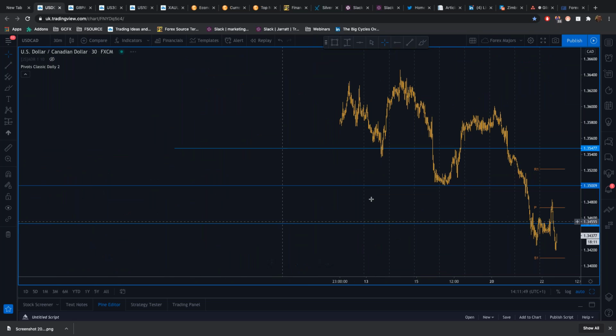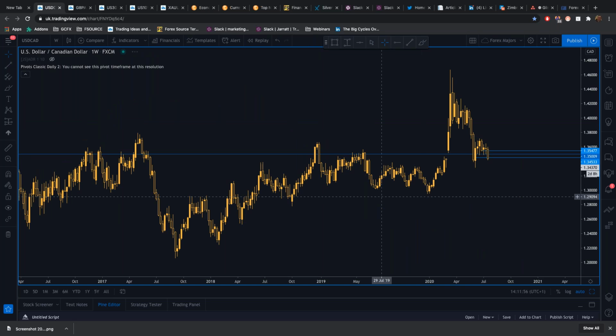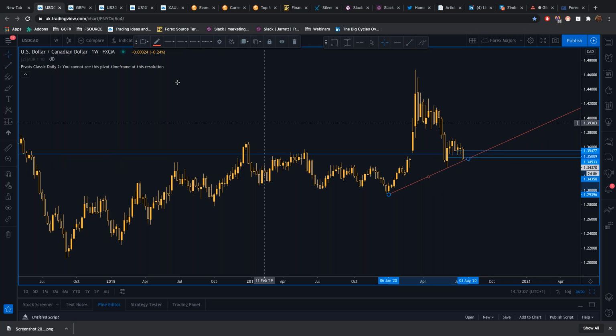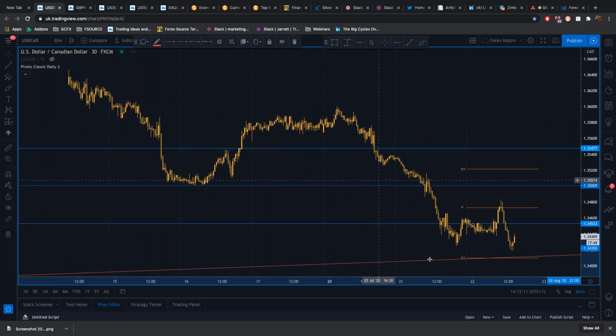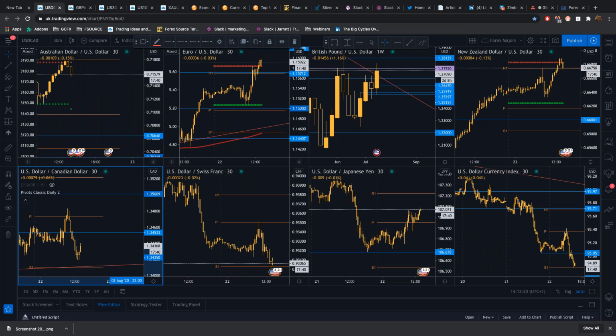We could look at selling at market, or if we break through that S1 level, potentially get a break of that trend line lower. If you got a break of that trend line lower, you could look for a retracement back into that S1 support level if price breaks through. So that's what you could potentially look at in US dollar CAD.